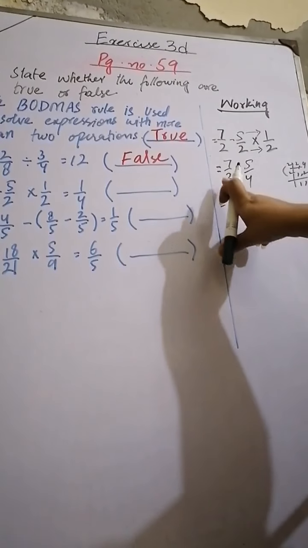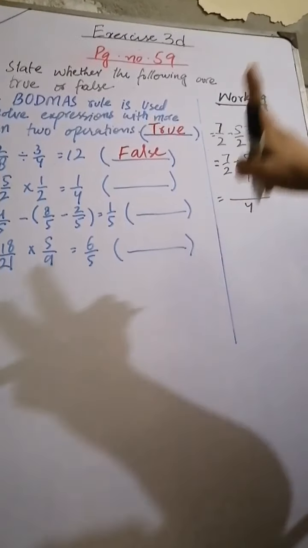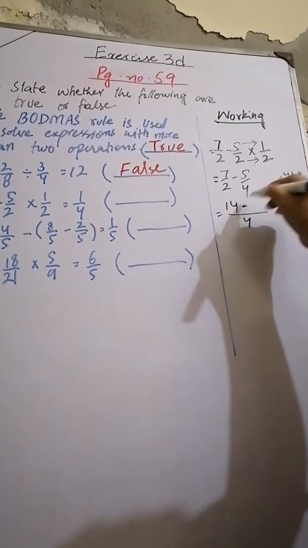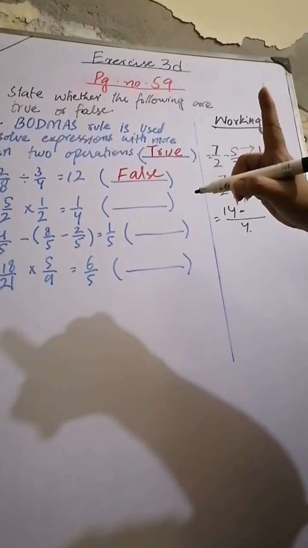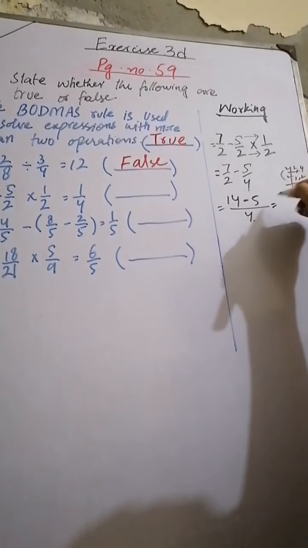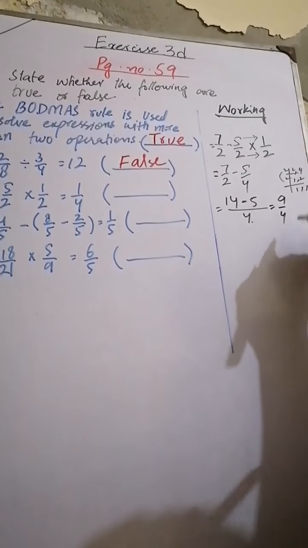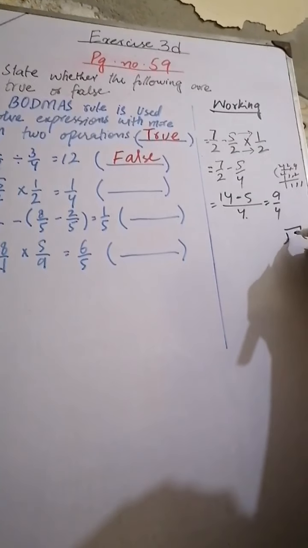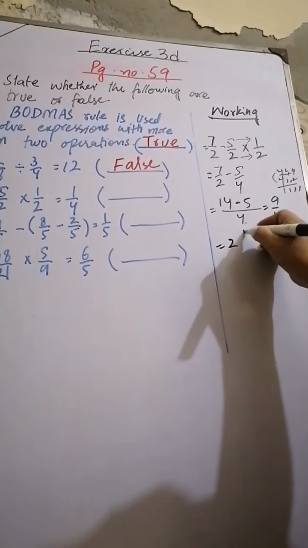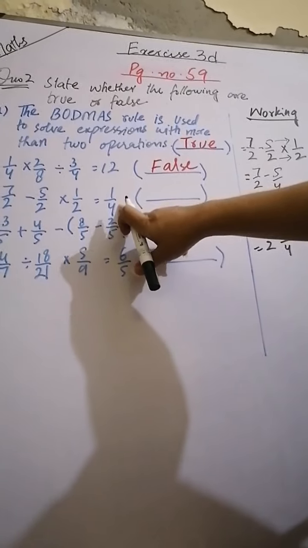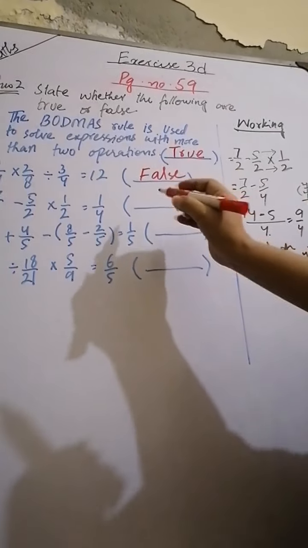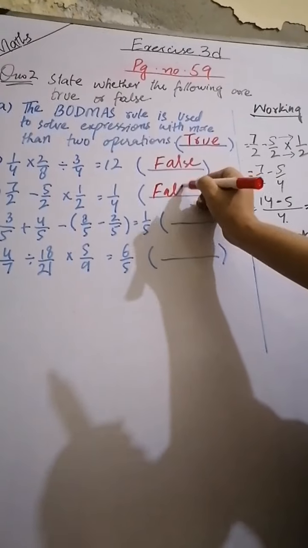So 4 will be divided by 2, that is the first denominator 2 2s are 4, the 2 that came will multiply with 7, 2 7s are 14 minus 4 divided by 4 is 1 answer, 1 5s are 5, so we will write over here it's 9 by 4. 9 by 4 is an improper fraction, so we will change it to a mixed fraction, 4 2s are 8, remainder is 1, so we will write 2 whole 1 by 4. They are saying 1 by 4, we are having 2 whole 1 by 4, so the answer is not matching, so we will write over here false.